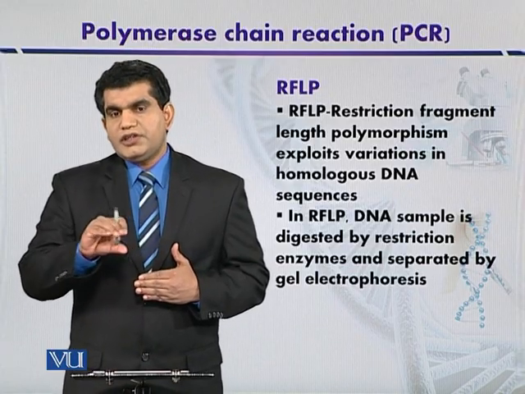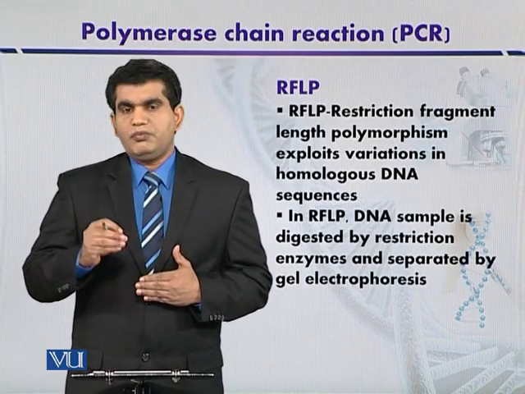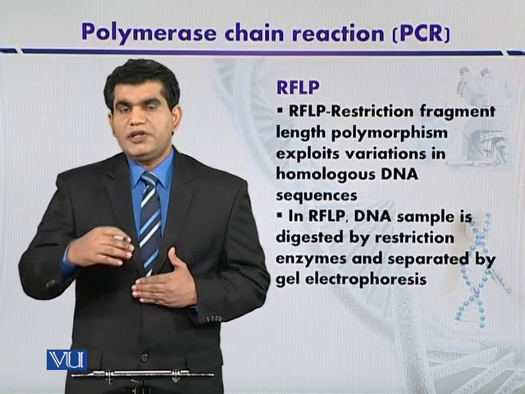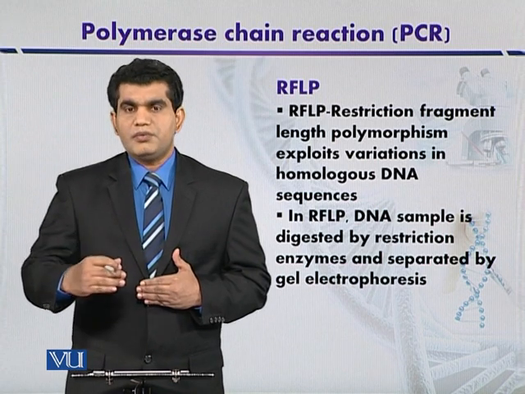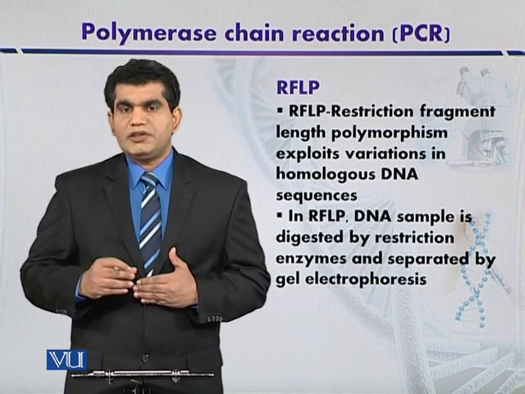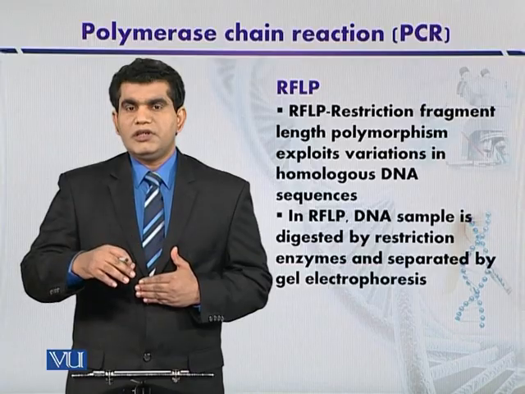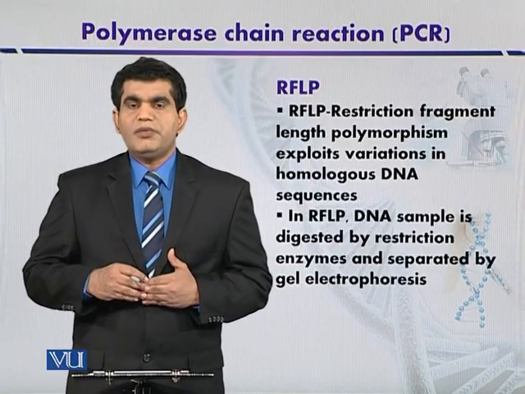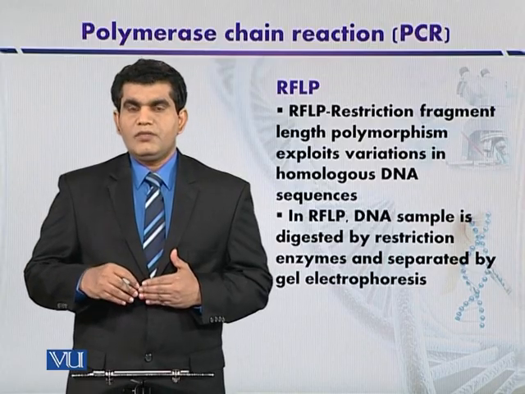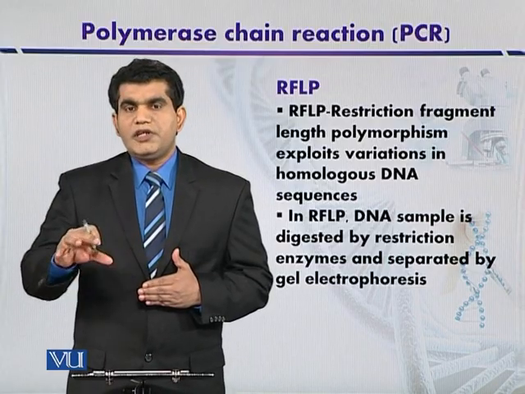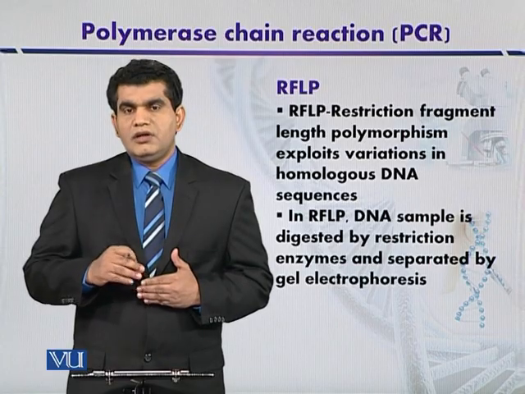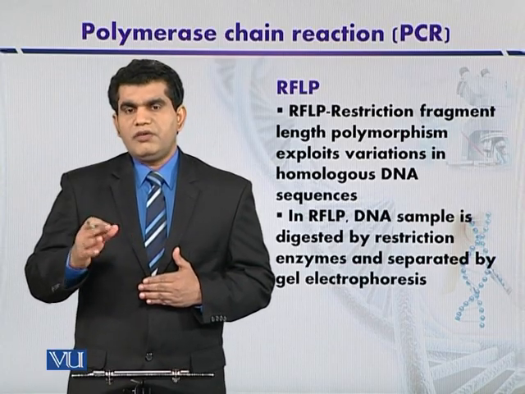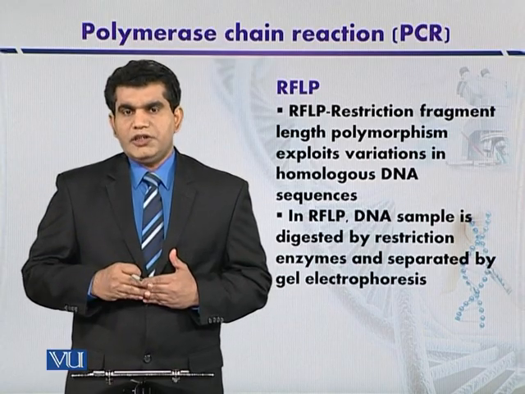Now what is the benefit of these variations, the 0.1% variation in the human genome? How it is beneficial, how it can be used, and why these variations can be used to study different matters related to human daily life. Suppose 0.1% variation is there, and it may be that 1000 base pairs may have one nucleotide change.